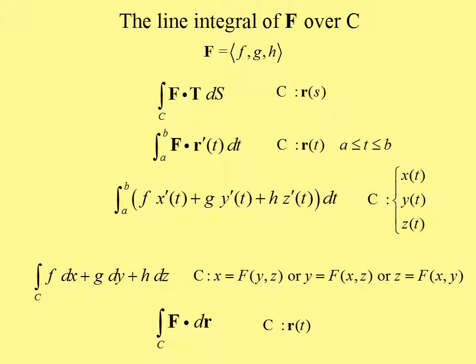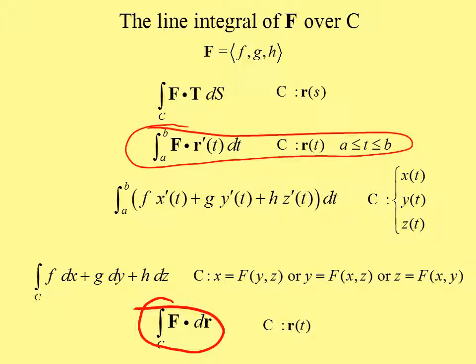Now here's a page that summarizes all of the things that we just went through, and like I was saying in the beginning, typically what we see when we talk about line integrals of a vector field is just F dot dr. Probably the most used version is this.